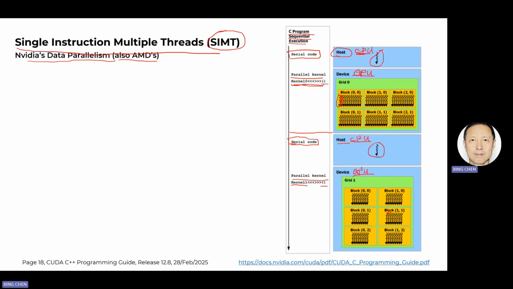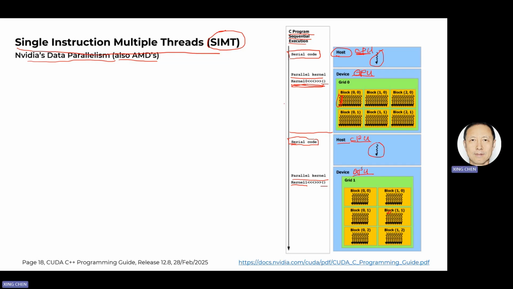And this is the way for you to use the GPU. Basically, it's called offloading. You have your program running on the CPU, on the host. From time to time, you need to use GPU. What are you going to do? You are going to do an offloading, meaning you are going to give some workload to the GPUs. And the way for you to offload the workload to GPUs is the kernel function call.